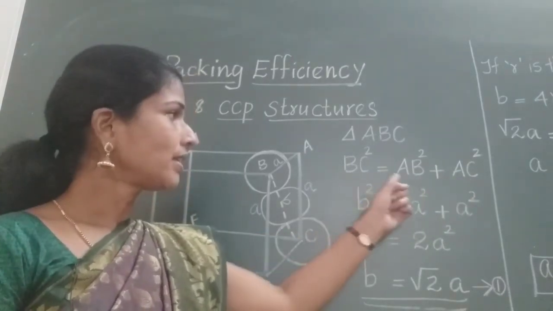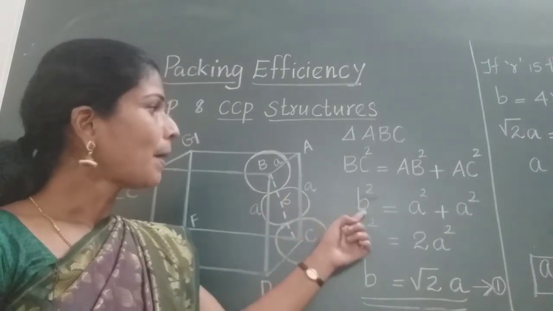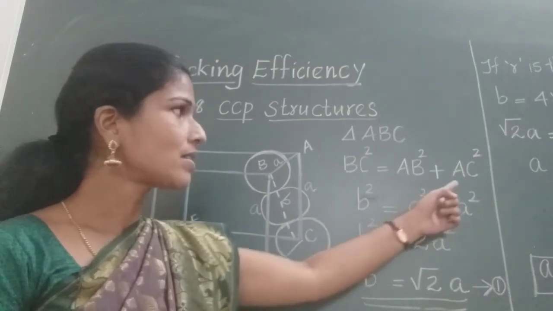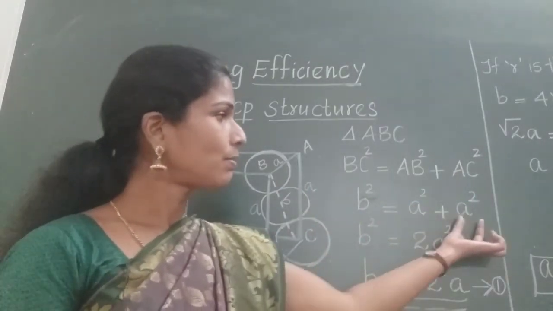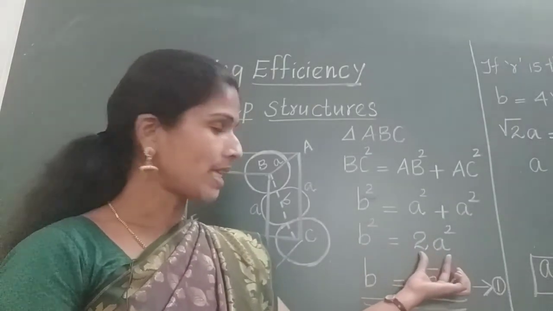Then substituting the values, b square is equal to a square plus a square, since AB and AC are both the edge length a. So we get b square is equal to 2a square.